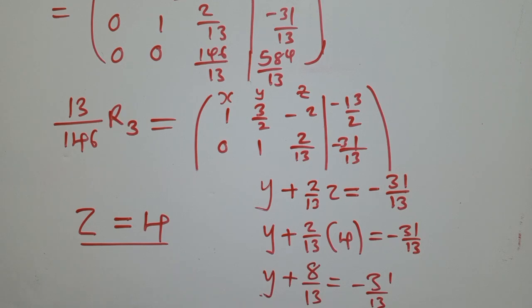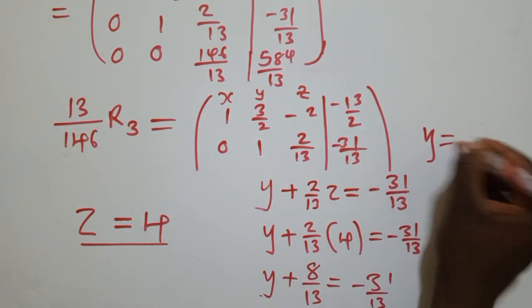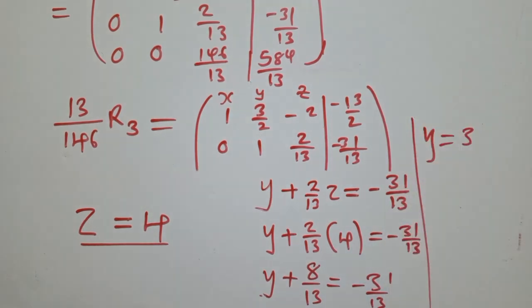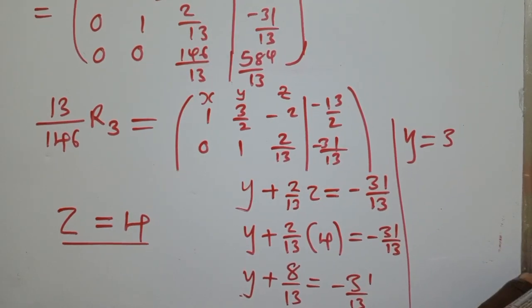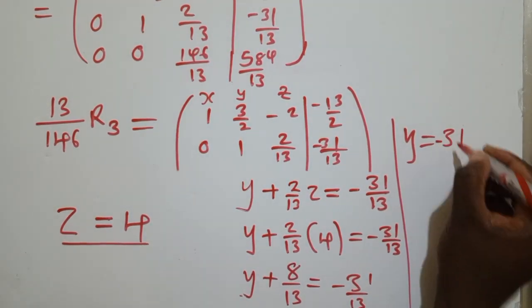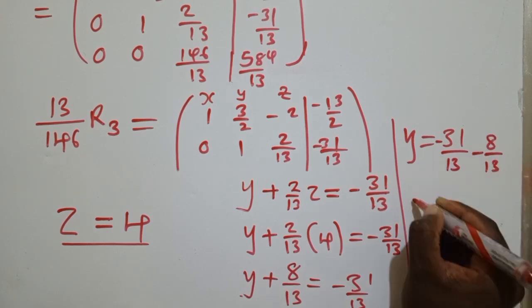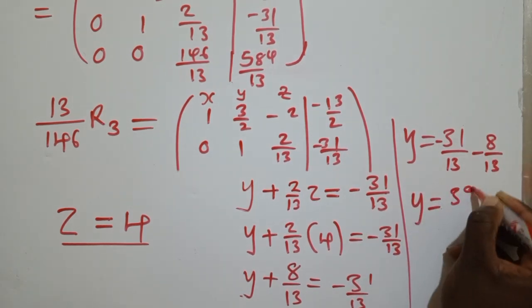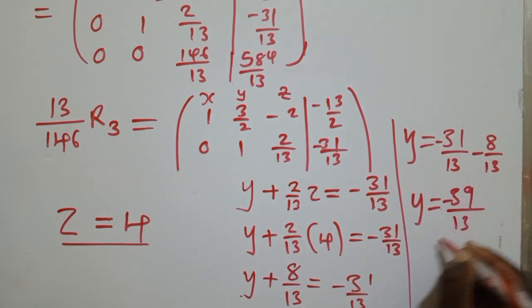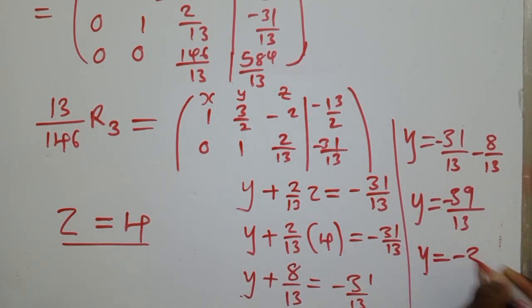Okay? So just to solve this side, this guy will come this side. So it will give us y is equal to negative 31 over 13 minus 8 over 13. Y is equal to negative 39 over 13, which is equal to negative 3.